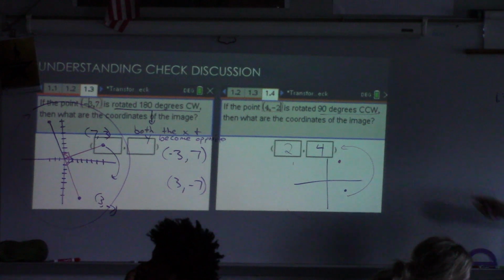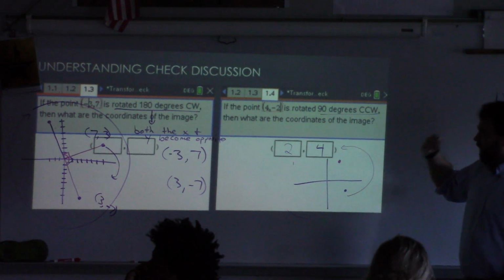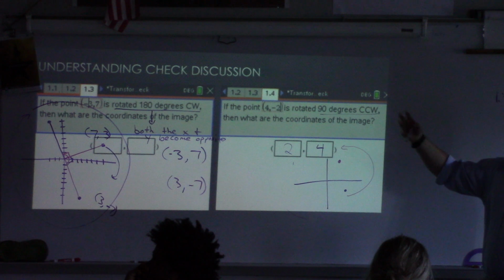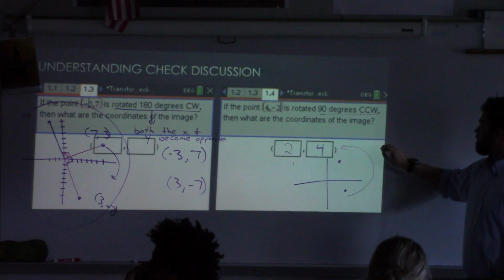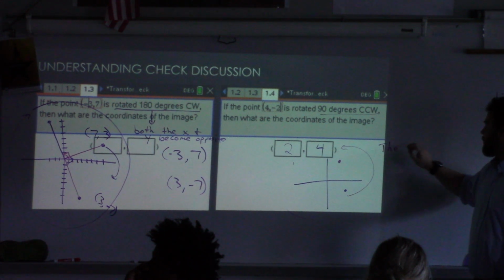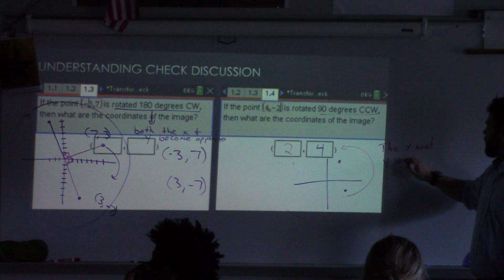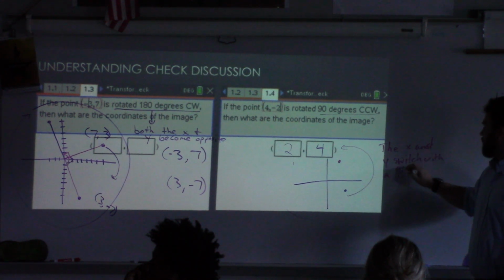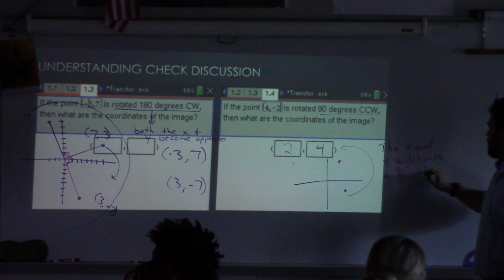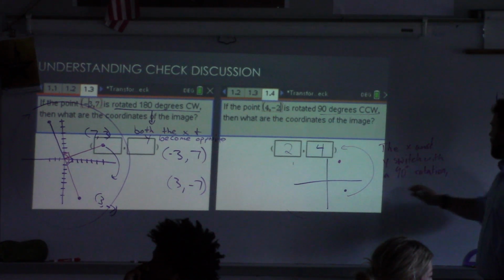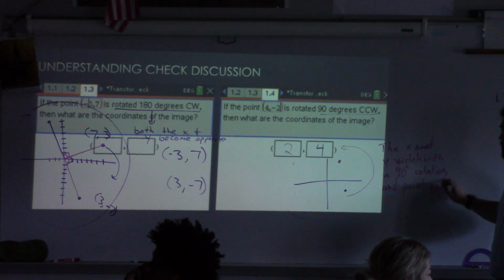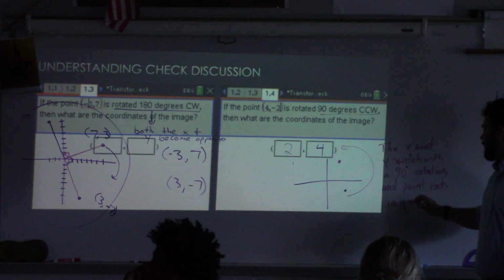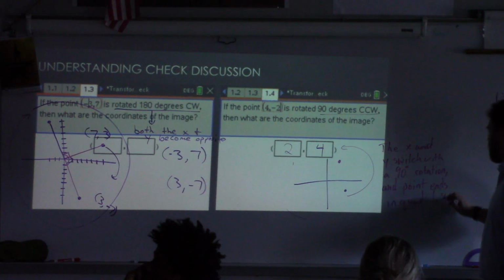All you have to do in that problem, to earn full credit, is indicate based on what mathematical rules are at play: the x and y switch with a 90-degree rotation, and the point ends in quadrant 1, so both are positive.